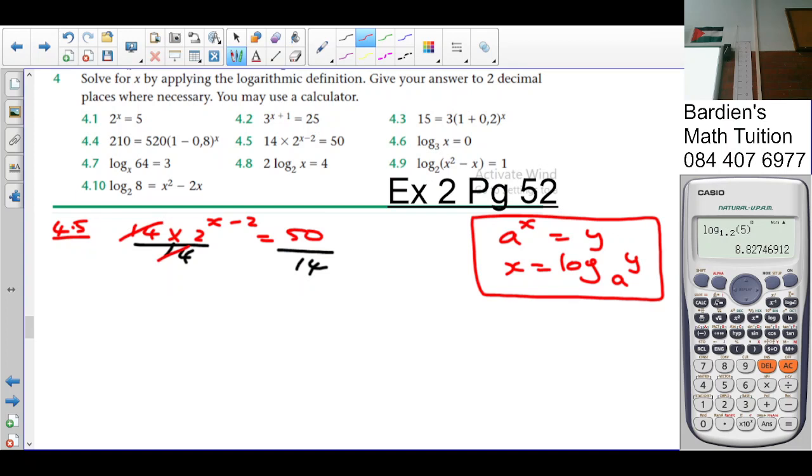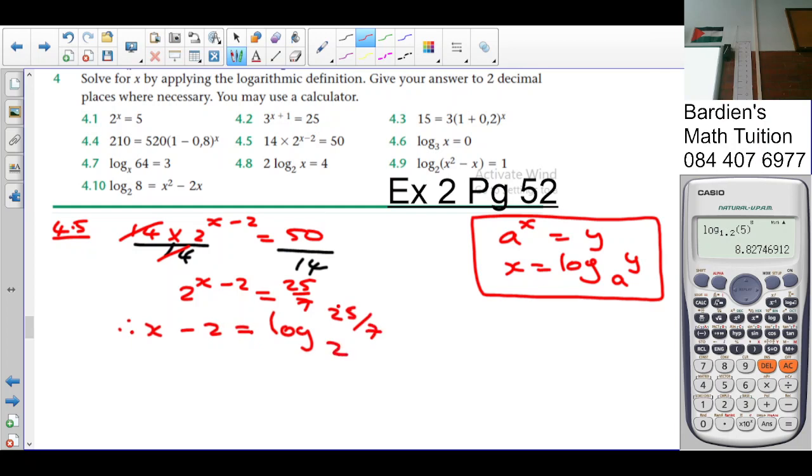That gives 2 to the x minus 2 is equal to 15 over 14. Now it's in that form, so x minus 2 equals log 15 over 14 base 2.